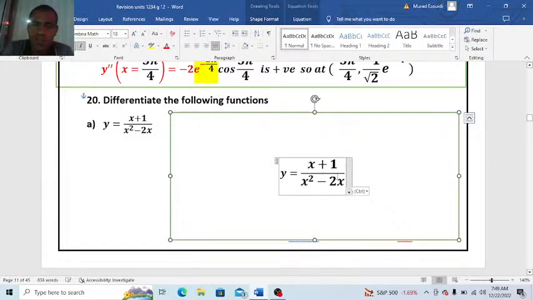To differentiate this, learners, I will let you remember something.